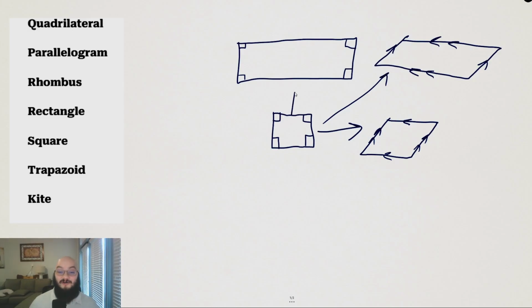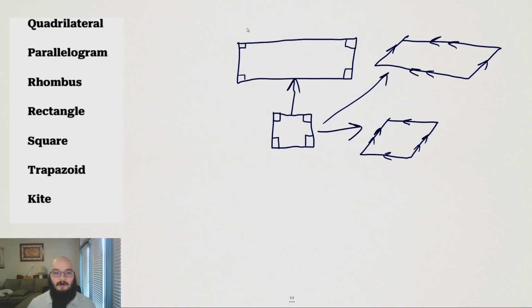And all squares are rectangles because it follows the rules of it being a parallelogram and it has four right angles. So a square falls into the quadrilateral category because it has four sides. It falls into the parallelogram category, falls into the rhombus category, and falls into the rectangle category.